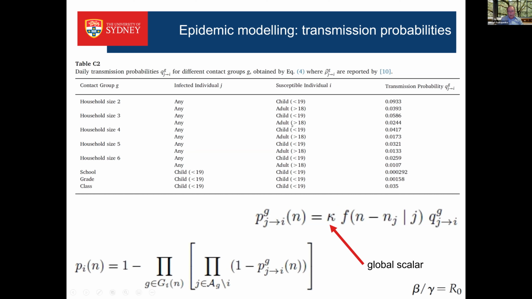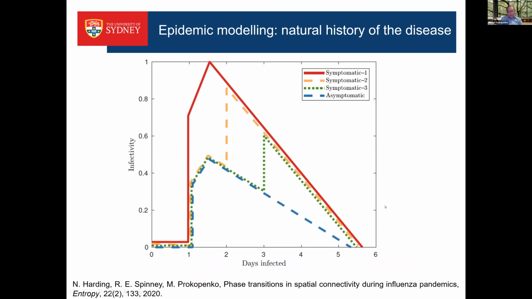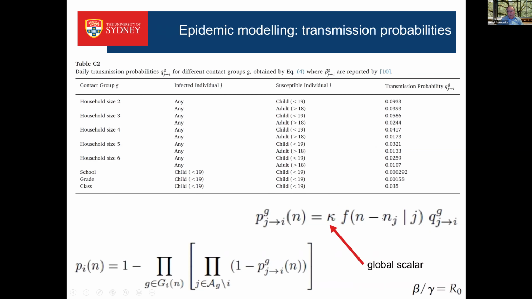So looking at this function f, which is the probability profile like that, right, over time. That's why it has n minus n_j, where j is the agent and n is the day.